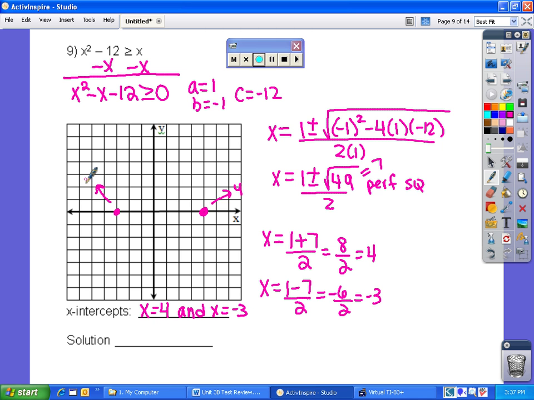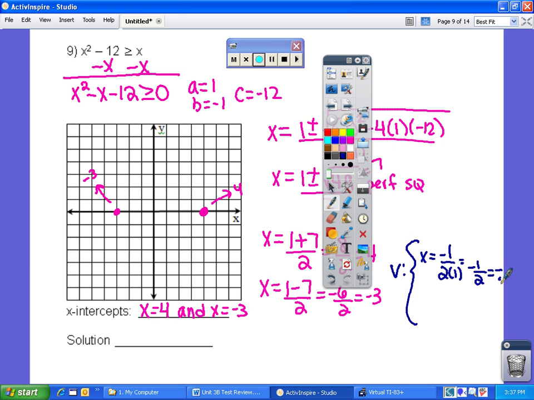Okay, next thing we're going to do is the vertex. So the vertex is going to be negative b, which is 1, over 2a. So that's negative 1 over 2, which winds up being negative 0.5.